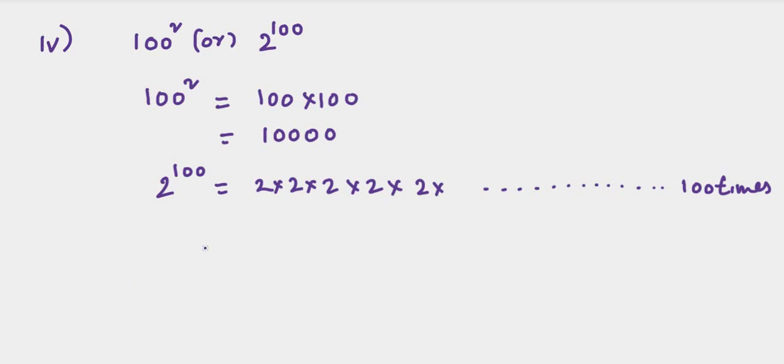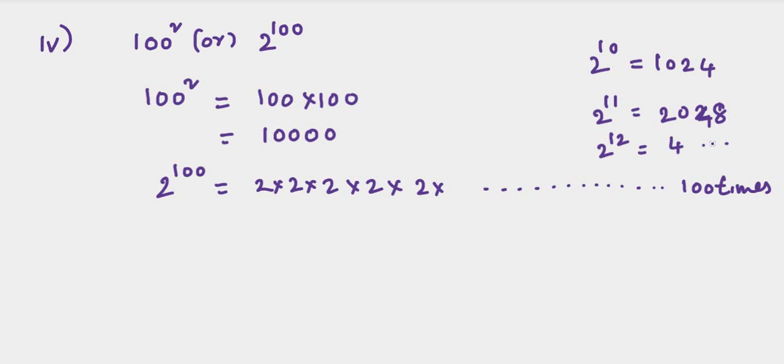How? In the previous question we calculated 2 to the power of 10 equal to 1024. So 2 to the power of 11 equals how much? 2048. Like this, 2 to the power of 12 you will get about 4000. 2 to the power of 13 is about 8000. 2 to the power of 14 is about 16,000.